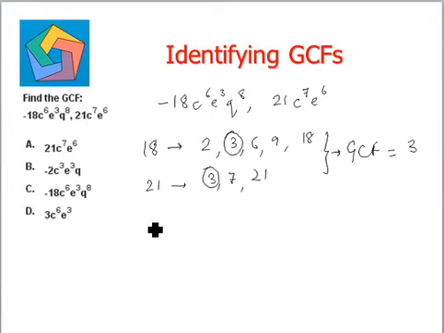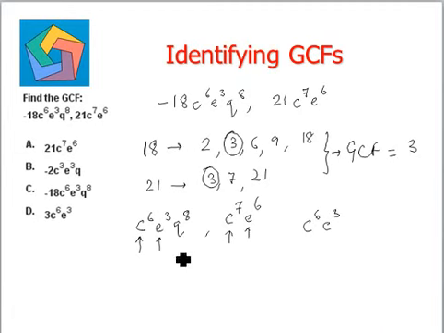Now we look at the variable part. C^6 e cubed q^8, while the second is c^7 e^6. Now first we start with c^6 over here and c^7 over here. So from here we see the lowest power of c is c to the power of 6. Now we have e cubed over here and e to the power of 6, so the lowest power of e is e cubed.